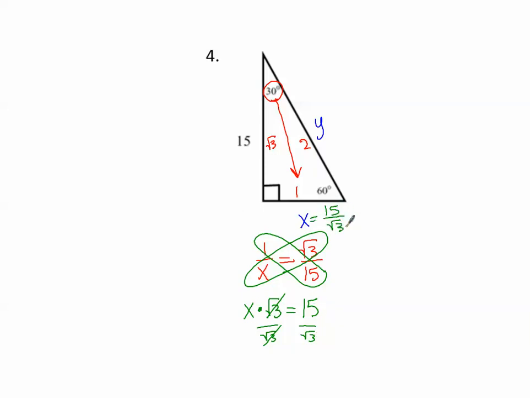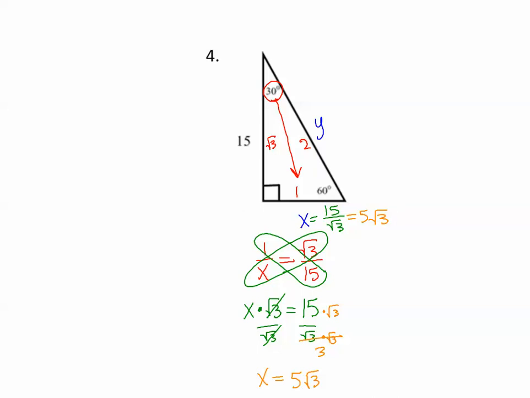Now I could rationalize that by multiplying the denominator and the numerator by square root of 3, or I could leave it like that, depending on what's required. I could also take out my calculator if I needed to at this point. If I multiply by square root of 3 over square root of 3, that makes 3, and 3 goes into 15 5 times. So we could also write this as 5 square roots of 3.